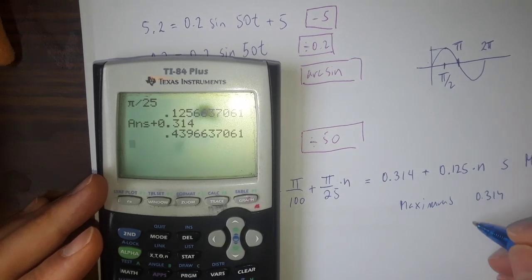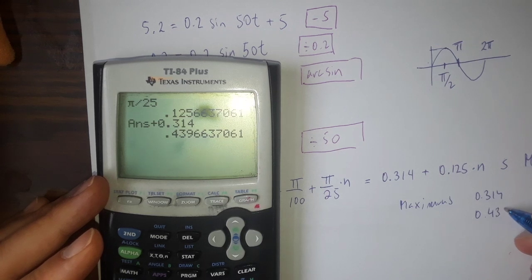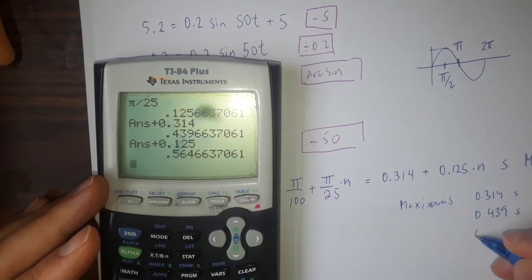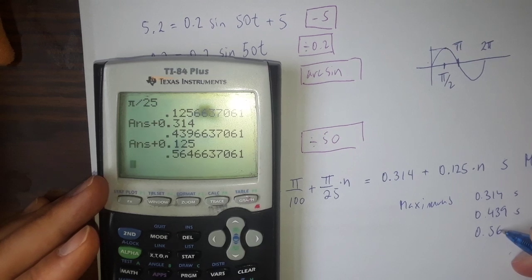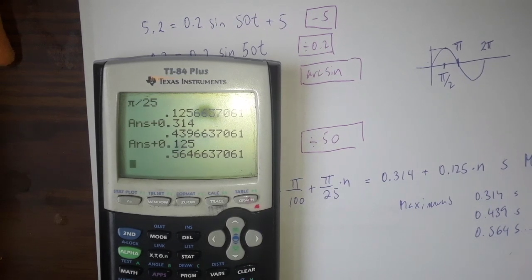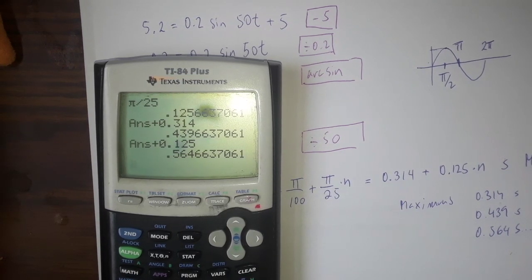The next one is at 0.439. These are seconds, plus 0.125. The next one is at 0.54, and like this, right? So we're going to have maximums every 0.125. The same thing can be done for minimums.